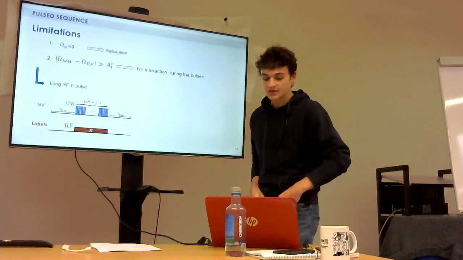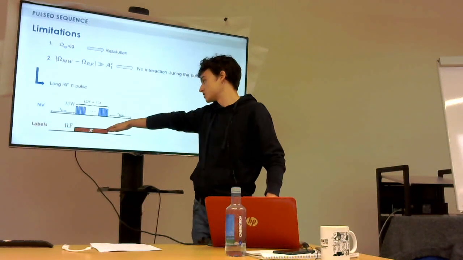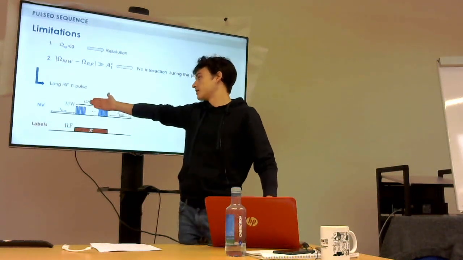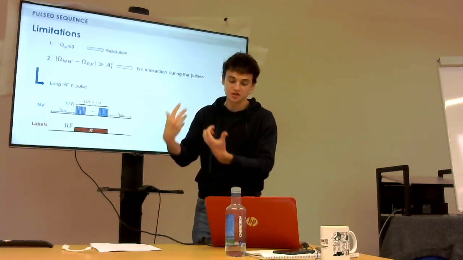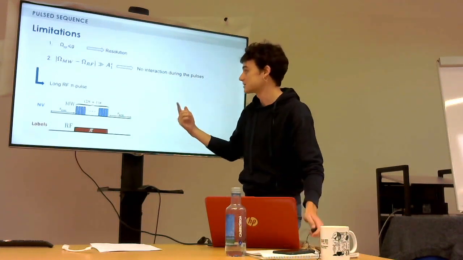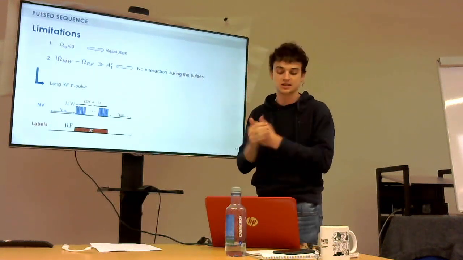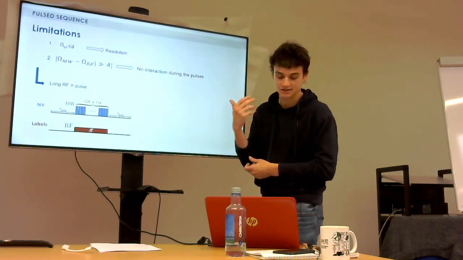Now, if the pi pulse in radio frequency is long, what we can do with the microwave pulse, because it will be shorter in principle, is apply, instead of one pi pulse, 2n+1 pi pulses, so that both pulses last the same.